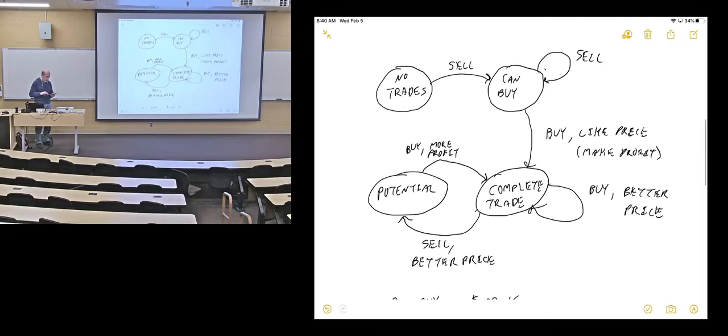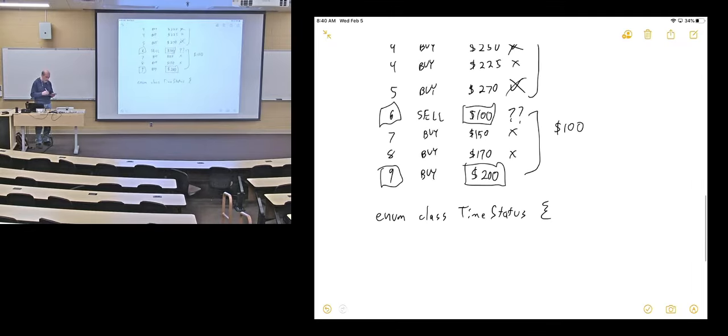We've got no trades, can buy, completed, and potential. Actually I got out of order there: no trades, can buy, completed, and potential.